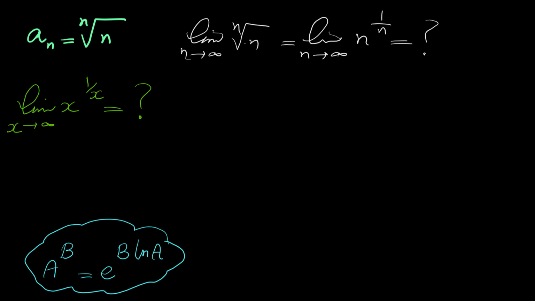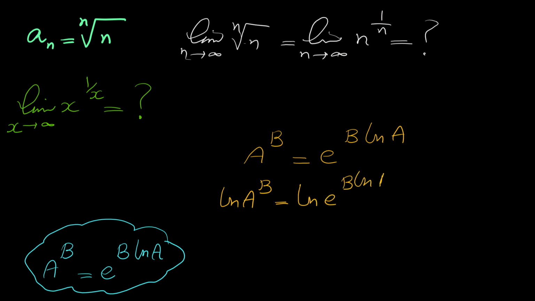Another way that you can prove that a to the b is e to the b ln of a is to take ln of both sides. If we take ln of both sides of this relation, we have this. So we take ln of left and right. If we simplify the left side, we can bring this b to the front: b ln of a.